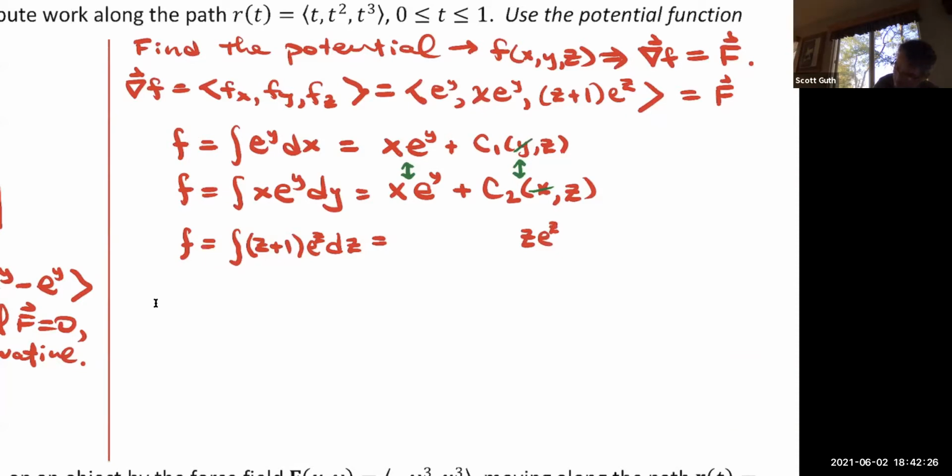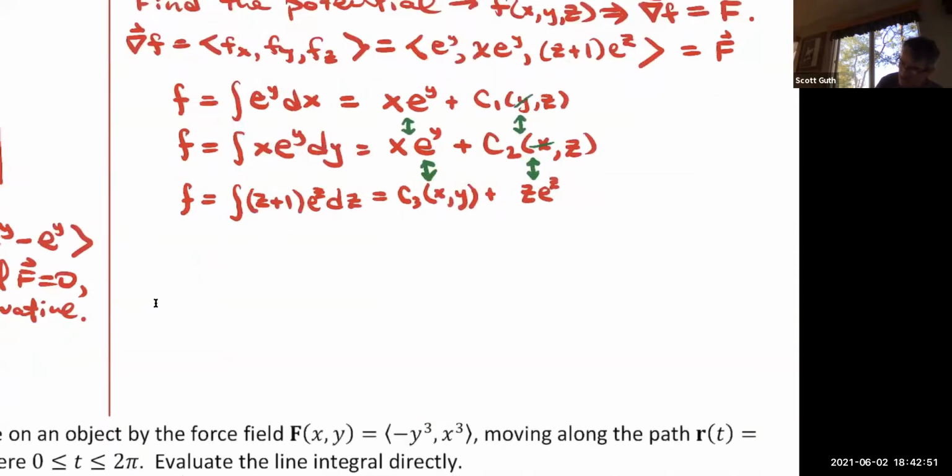Okay. But you're also going to have a third constant function, C3. This would be a function of x and y. I put that first because that will compare to these two guys here. And this compares this way. So in the end, you just list all the functions you see and don't list anything twice.